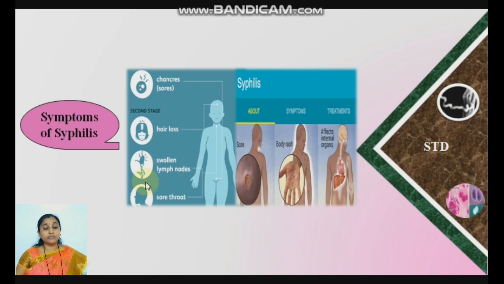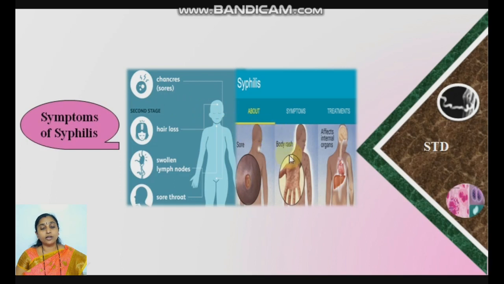Lymph nodes produce lymphocytes, which play an important role in immunity, giving our body the resistance power to kill germs. The lymph nodes get swollen. Sore throat, infection through the throat region. In the first stage, the sore or lesion is known as the chancre.